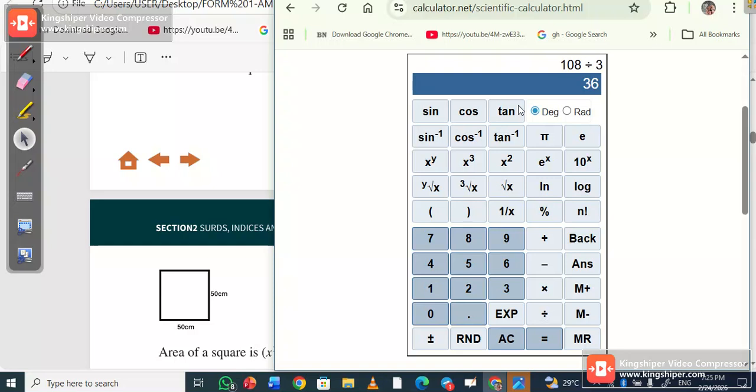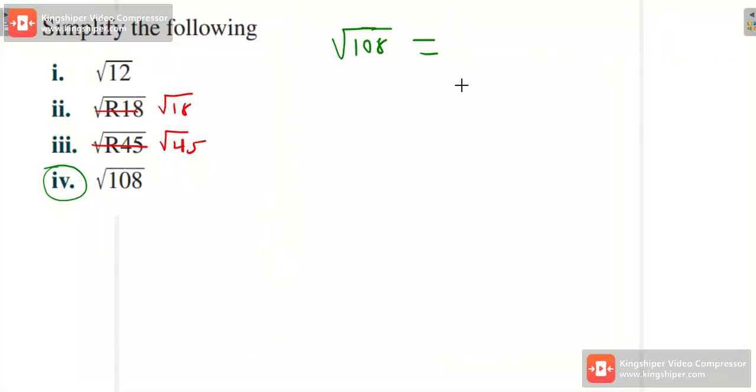So I'll go back and divide it by 3. If I divide by 3, I have gotten 36. 36 is a perfect square. So if 108 divided by 3 is giving me 36, then it implies that 3 times 36 will give me 108. So go back and write 108 as square root of 36 times 3.